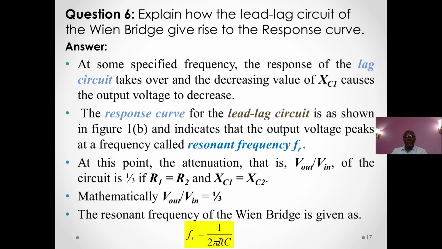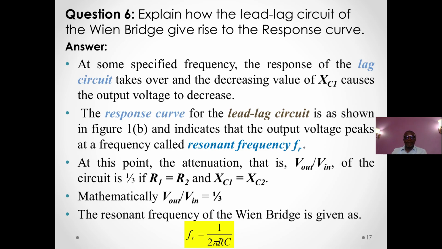The lag circuit takes over and the decreasing value of XC1, when we say XC1 is the reactance of capacitor 1, causes the output voltage to decrease. The response curve for the lead lag circuit is as shown in Fig 1b and indicates that the output voltage peaks at a frequency called the resonant frequency Fr.